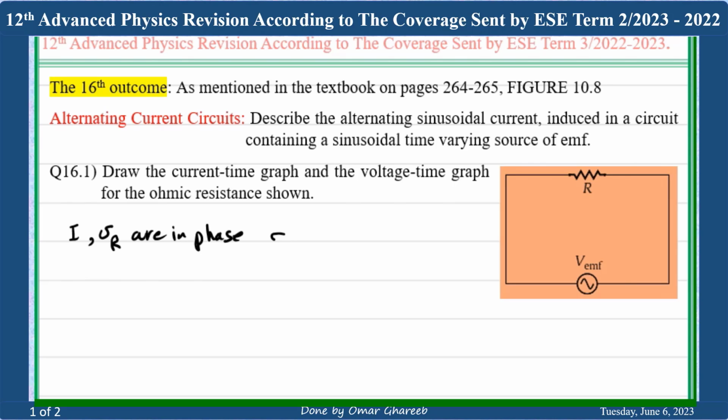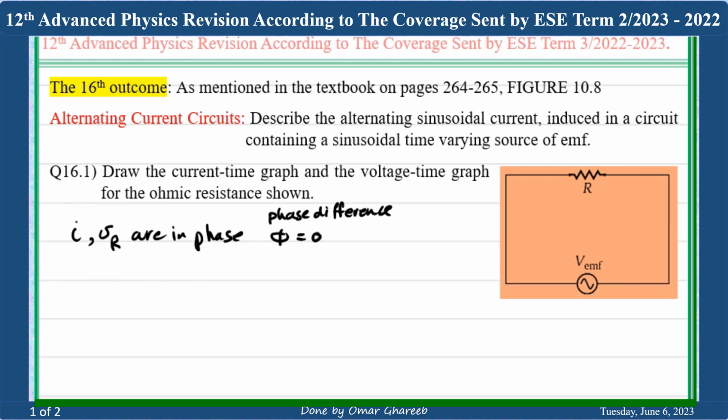The phase difference between them, phi, is 0. This is phi, the phase difference, not the flux. And we must write I in small letter. Small letter i and small letter v are instantaneous values.